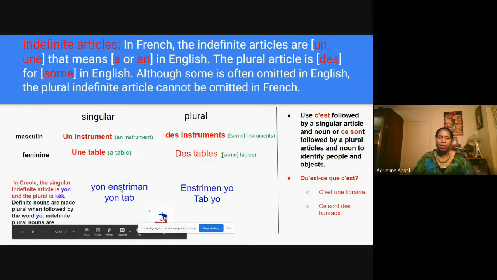That means when it's indefinite article, you can place it in front. And now when it's plural, you have to say instrument yo. And the yo is placed after the noun, table yo.